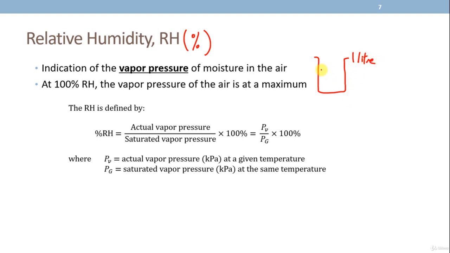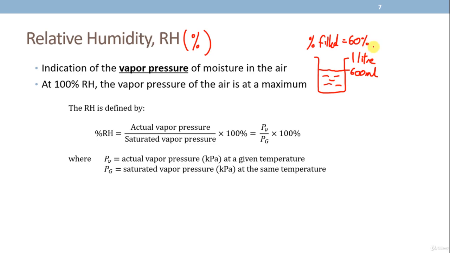Right now, let's say you filled it up to around 600 ml of water. The question is, how many percent of the container is filled? We can do a very quick calculation. It's just 600 ml divided by 1 liter. So it's 60% filled.